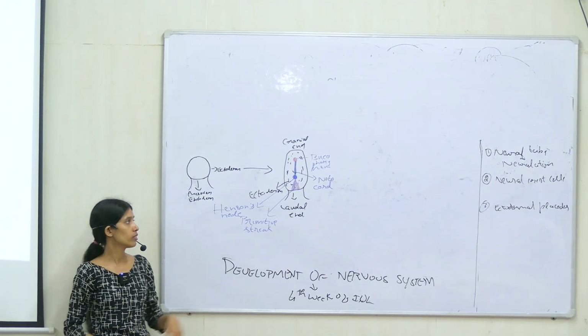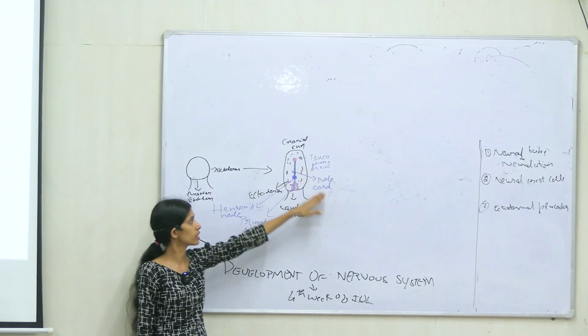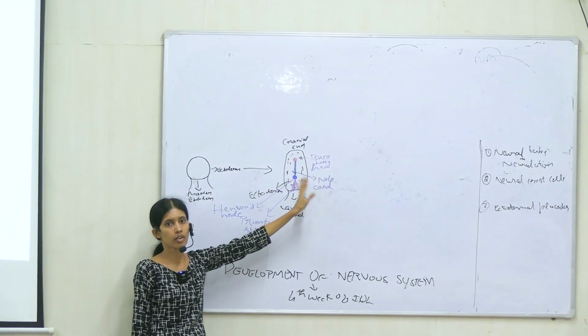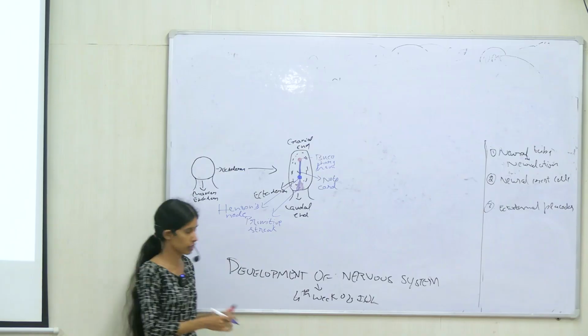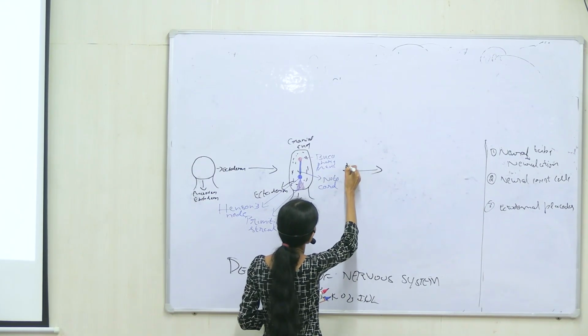Okay. So now the ectoderm part present along with your notochord will go under a differentiation. Once the differentiation takes place, this is how the structure will look.